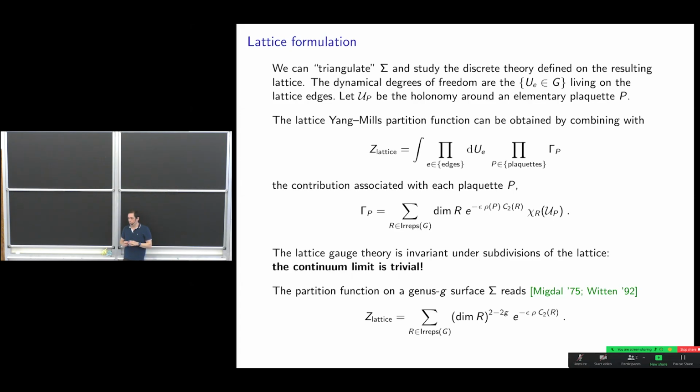Sorry? Yeah, in a way, yes. It has to do with massless modes, and these lead to this non-integrable, well, that leads to this distributional perspective.